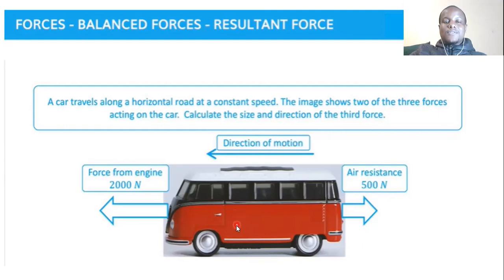So we have another force that could be acting here. This is the resultant force. The resultant force is going to be 2000 newtons minus 500 newtons, which gives us 1500 newtons.